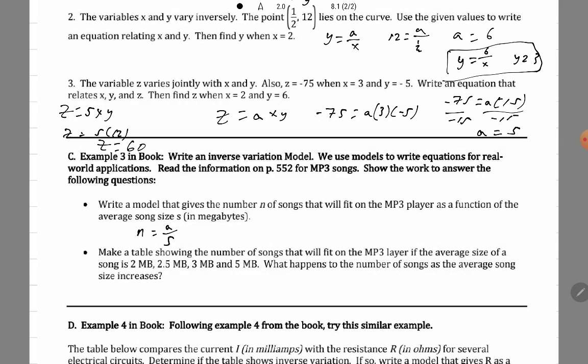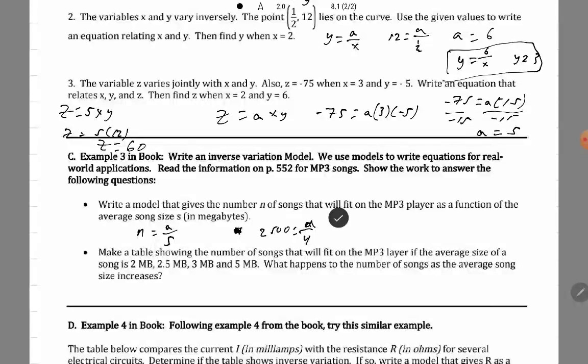And we probably looked at a table, and then we pulled, if there were 2,500 songs, they would be 4 megabytes, I guess.